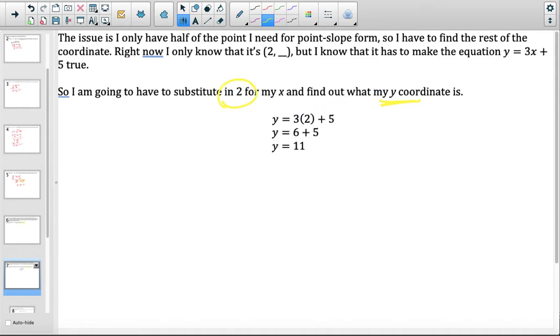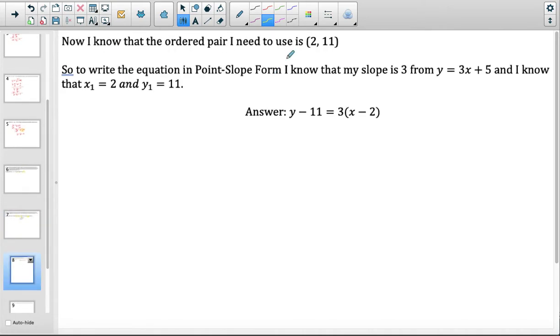Take the x that I gave you, plug it in for x in the y equals mx plus b equation, and simplify it down, and now you know your y coordinate. So the ordered pair that we're using is 2, 11, because I told you the 2 and you solved for the 11.